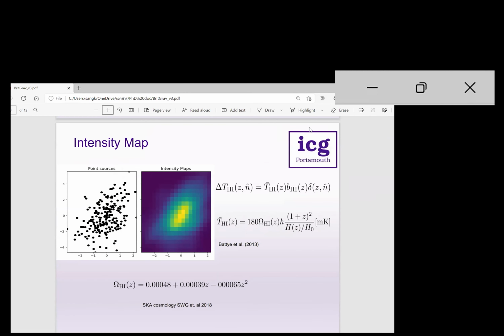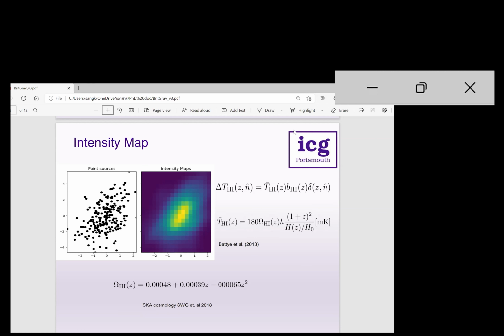Instead of measuring or identifying individual point sources of neutral hydrogen, it's easier to measure its density. We map from the point source to the heat map, as I show in my slide, which is similar to the technique we use to measure the cosmic microwave background radiation.